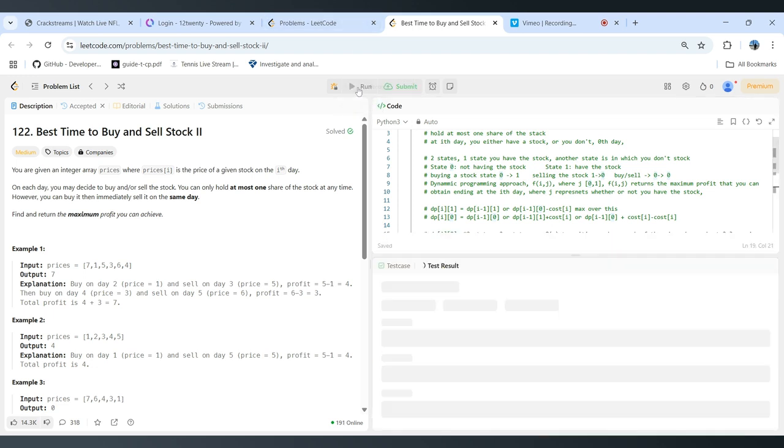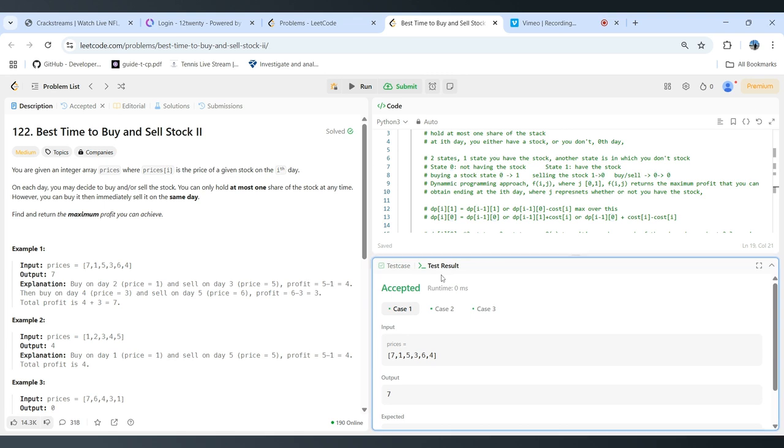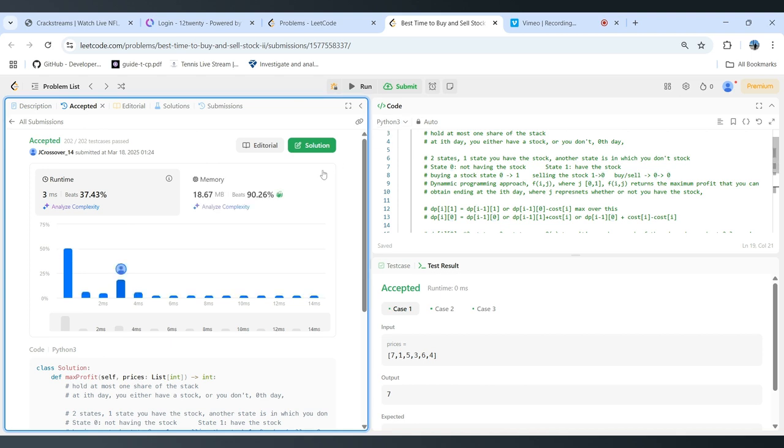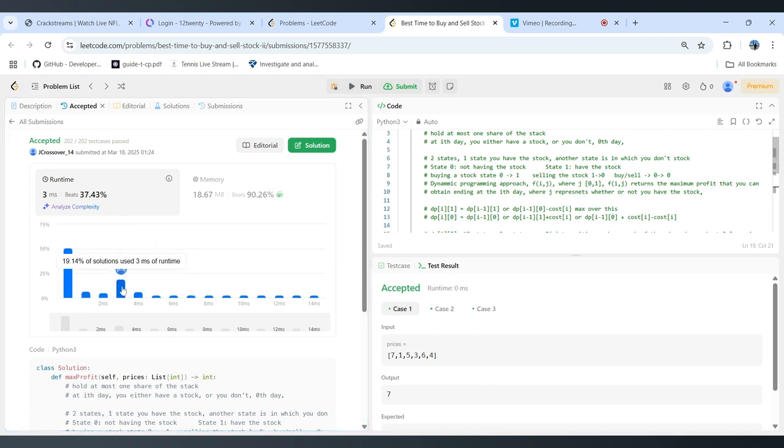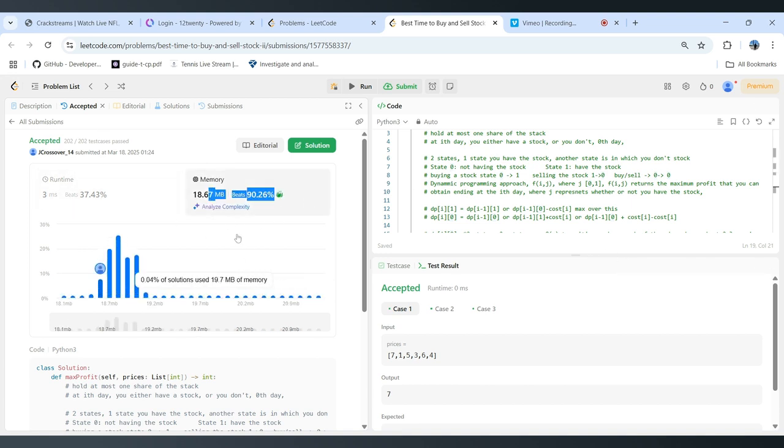Right, in this case, we can just limit the memory complexity to O of 1, since we're only maintaining two variables. And that does beat the runtime complexity a lot more. Still using 3 milliseconds though. And we are having O of 1 memory, which beats 90%, which is pretty good.